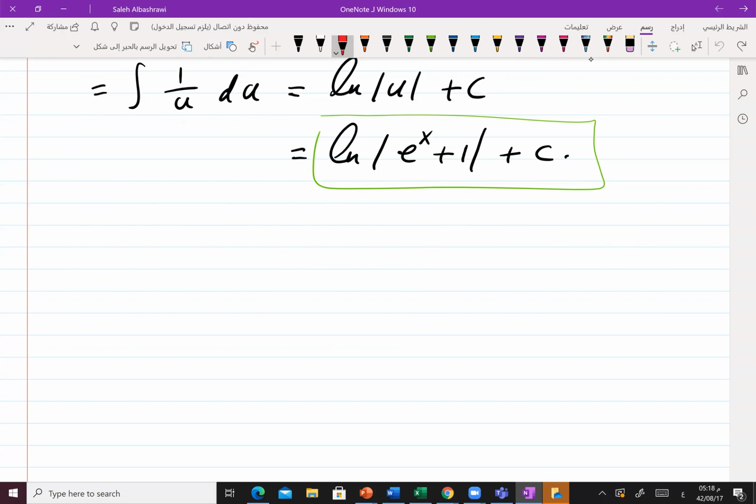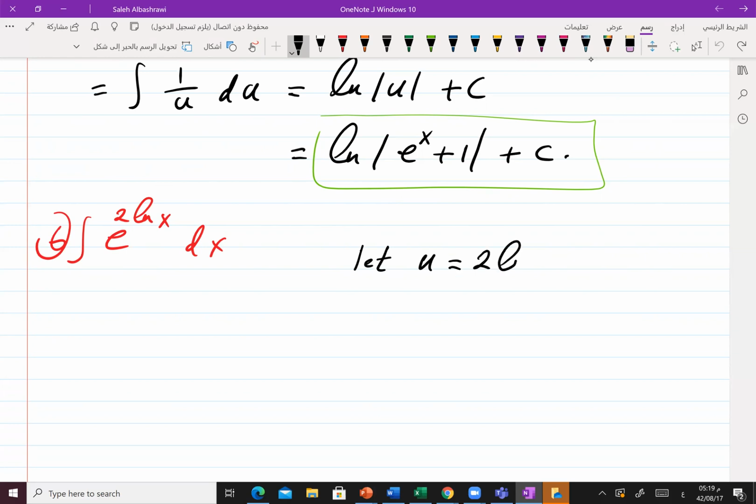Let me take the integration of e to power 2 ln x dx. As we said before, take the power to be the u substitution. Let u equal to 2 ln x.